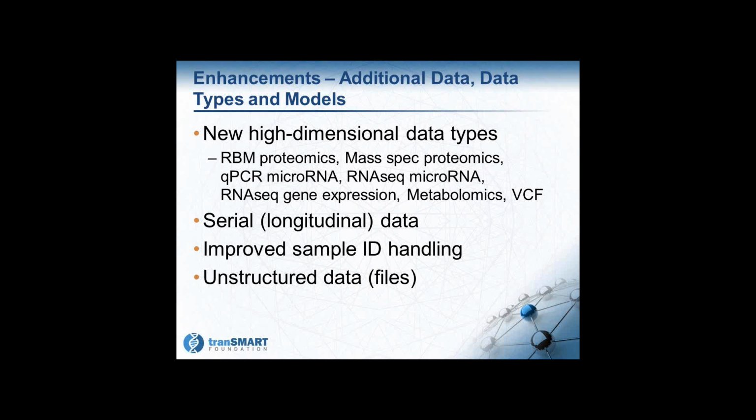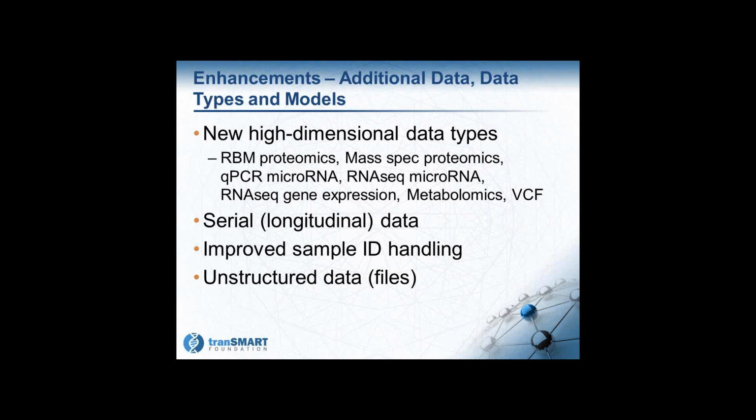Another thing we really did in tranSMART 1.2 is broaden its application field by introducing more different data types, including now proteomics data, microRNA data, and also RNA-seq. And you've got VCF put in here, which gives you the foundation to build a next generation sequencing capacity.